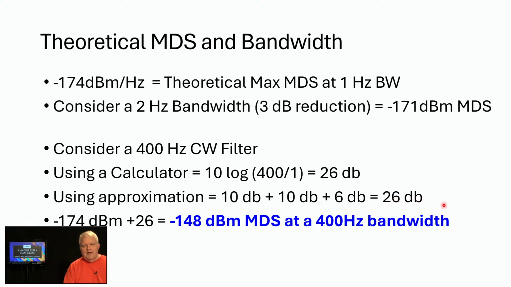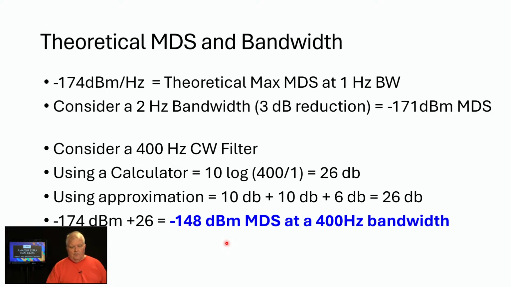So the minimum discernible signal with a 400 hertz bandwidth is minus 174, the base reference, plus 26, minus 148 dBm, minimum discernible signal at a 400 hertz bandwidth.